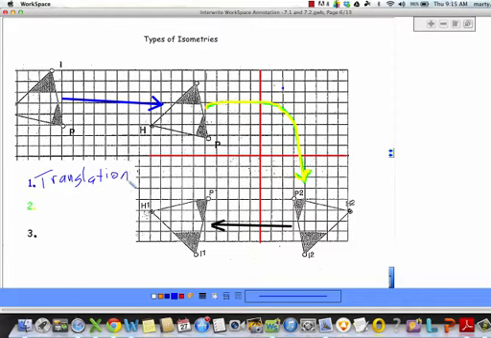And then number 2, from here to here, if we're rotating around this point right here, which is actually a reflection followed by a reflection, which comes up a lot as well, we will have a rotation. And the last one, they're flipping over this axis and then they're sliding as well, but that's going to be a reflection. And those are our 3 types of isometries.